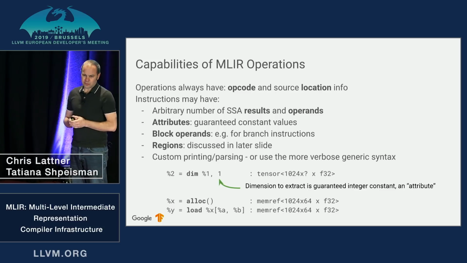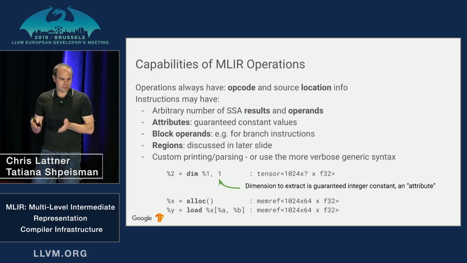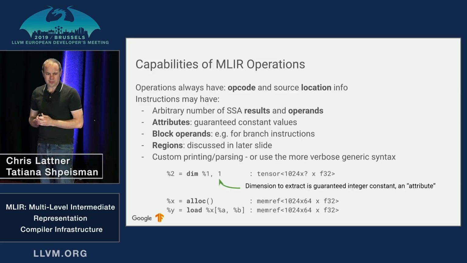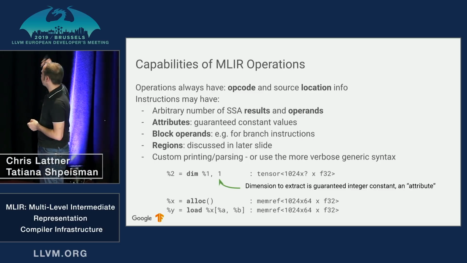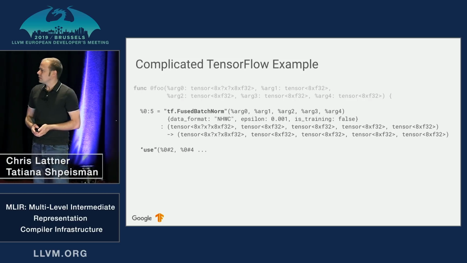One of the biggest differences between MLIR and LLVM is that you have attributes, which are these known constant values, kind of like the immarg stuff in LLVM recently, but it provides a much more structured way to have configuration of the operations. Here are some examples of instructions, but there's obviously lots.